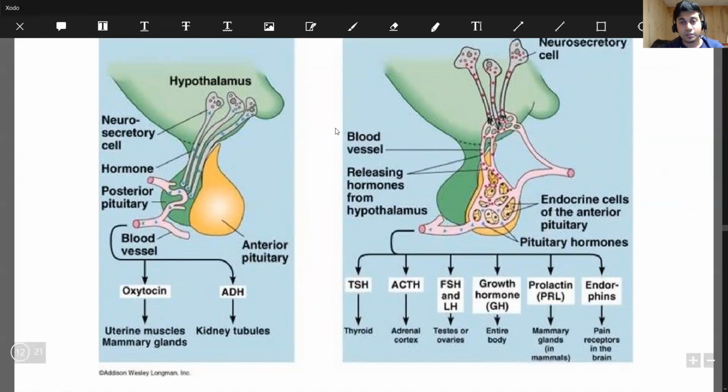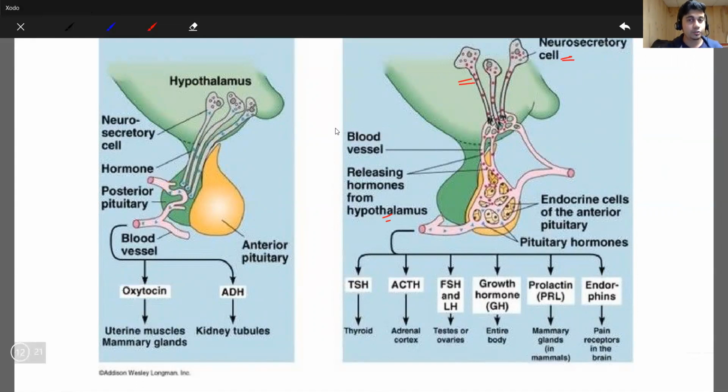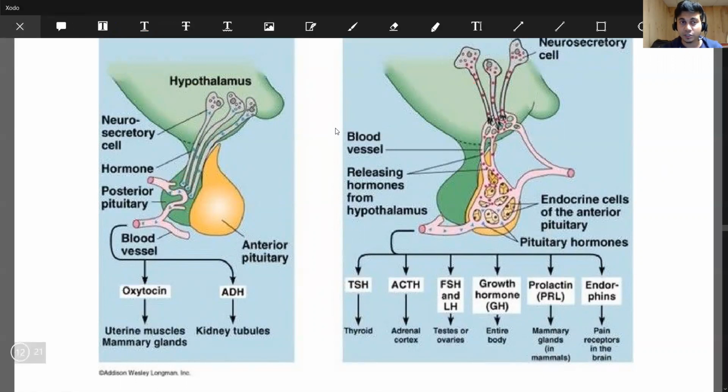Now, for the anterior pituitary, you can see that the hypothalamus releases some hormones, and due to the action of those hormones, the anterior pituitary cells directly produce some hormones. Those are released from the anterior pituitary. So this is one of the functional differences between the anterior and posterior pituitary.